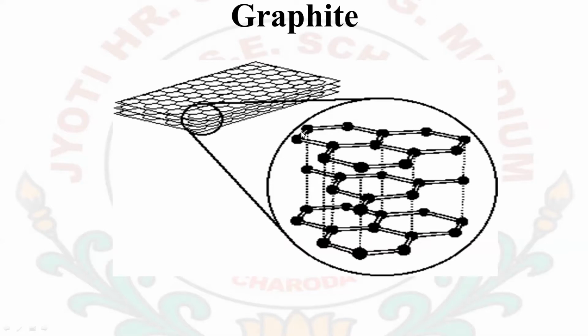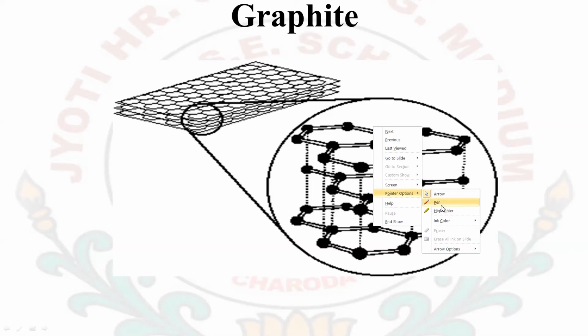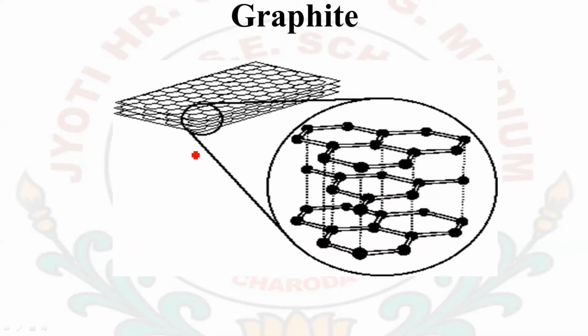Everybody knows that in graphite there are 6 carbon atoms attached to each other to form a hexagonal shape. This hexagonal shape is again attached to other carbon atoms which also form a hexagonal shape. So this becomes one layer of carbon atoms.